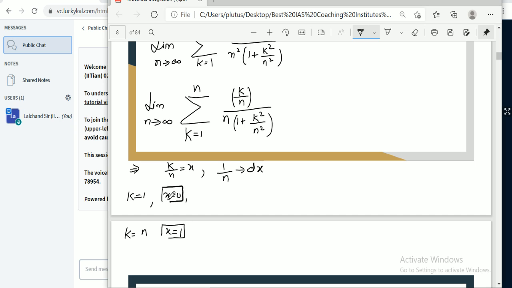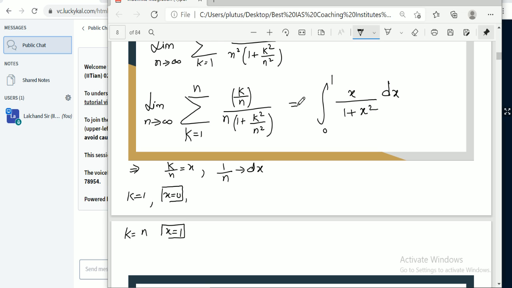So our limit on x is 0 to 1. So we can write this as integral 0 to 1 of x upon 1 plus x square. This is x, and this 1 by n is our dx. This is the final integral we need to calculate.